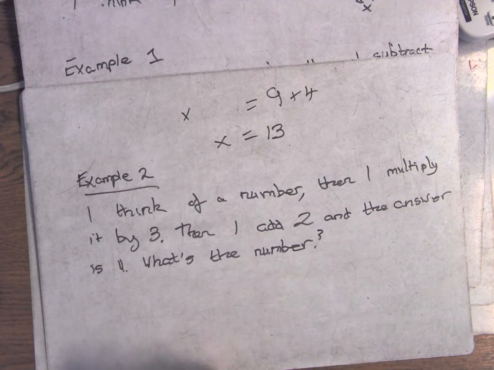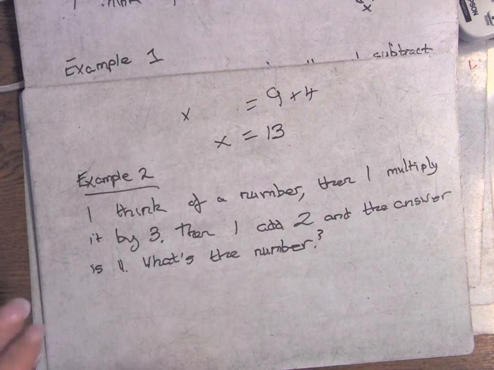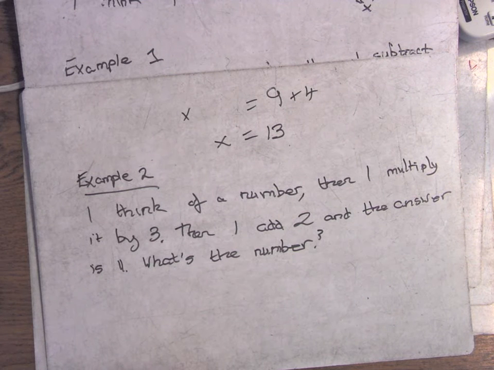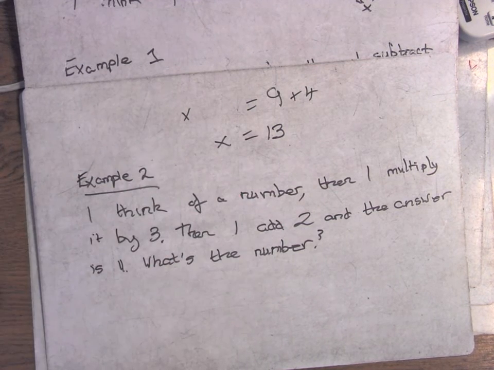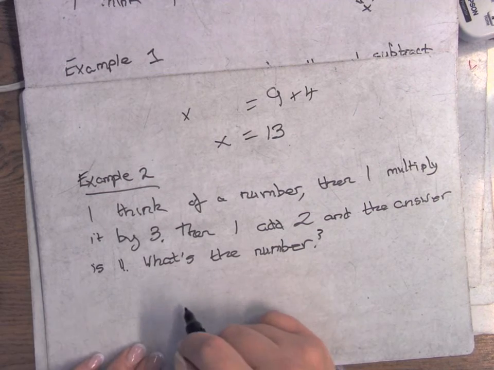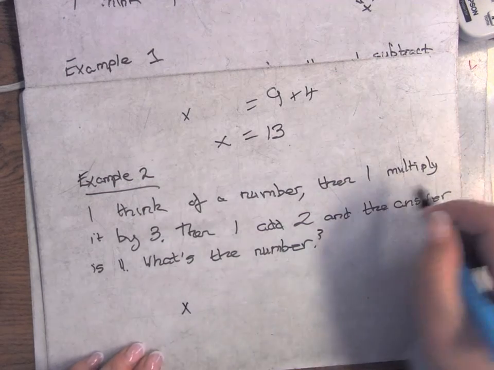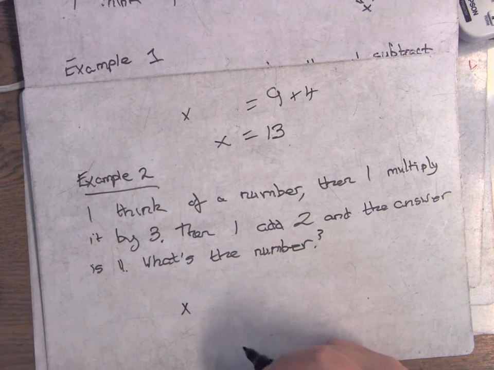Right. So I think of a number, I multiply it by 3, then I add 2, and the answer is 11. When you read it all in one go, you have no hope of solving it. So you read it a bit at a time. So I think of a number. Stop. What's the number? Then I multiply it by 3.